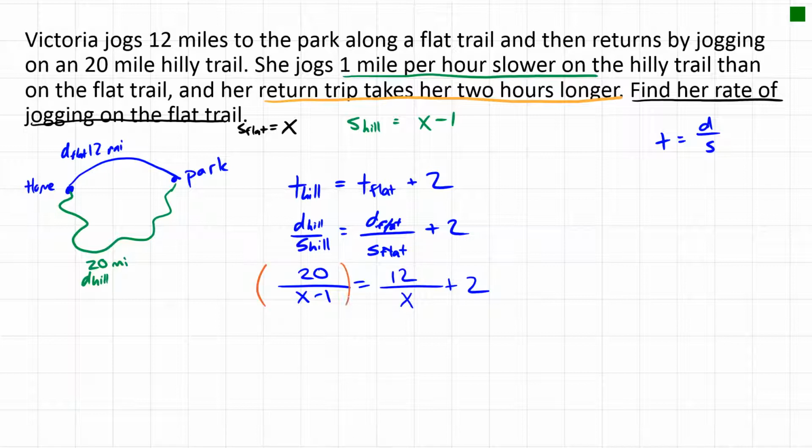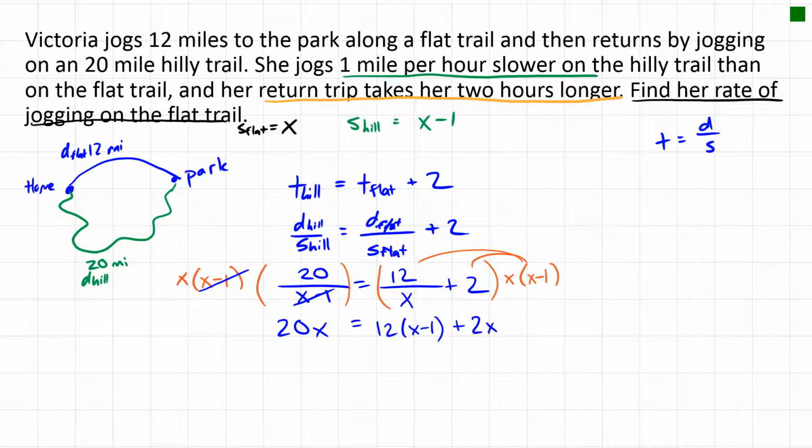Now I go ahead and solve. To get rid of denominators, multiply by x times x minus 1, and then multiply that into each term. So 20x there. Then I have 12 times x minus 1 plus 2x times x minus 1, which is 2x squared minus 2x.